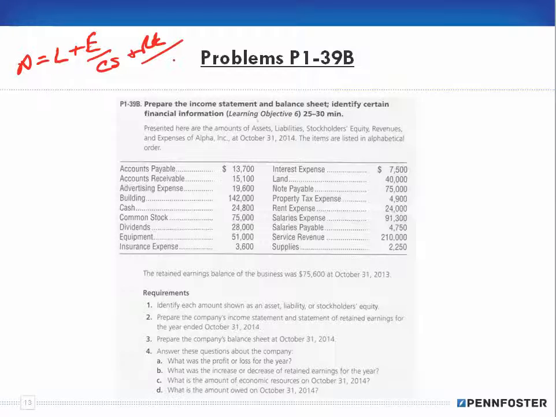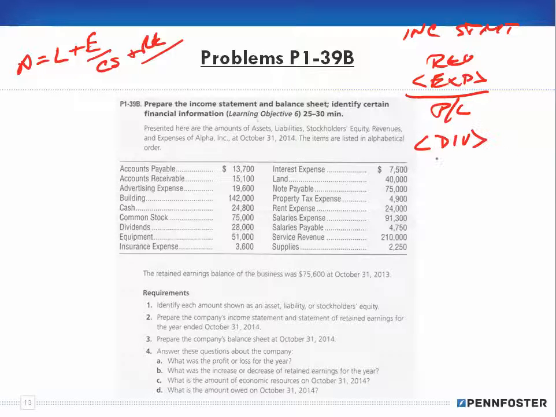Well, our retained earnings comes from our income statement. And on our income statement, we deal with revenues, less our expenses, which gives us a profit or loss. And from the profit or loss, we can also subtract dividends, which gives us a net income or loss, depending upon what that is.